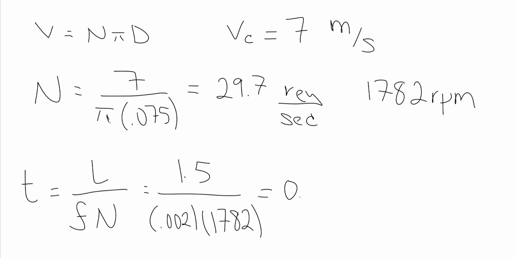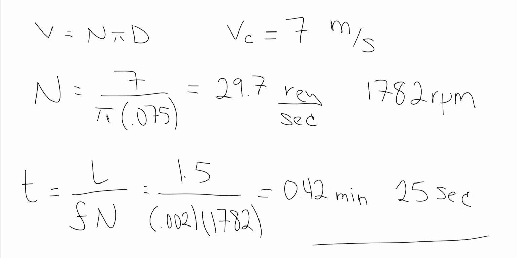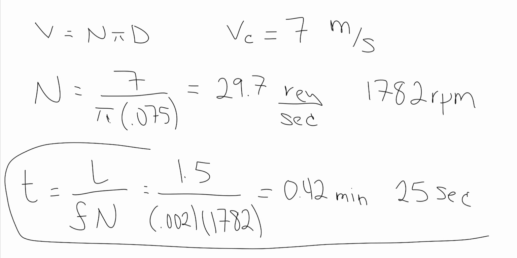And we get 0.42 of a minute. Or multiply by 60 to get it to seconds, and we get 25 seconds. And that is the operation time to rough turn if we were going to use a carbide tool. So that is the solution to problem number 9 for homework number 5.